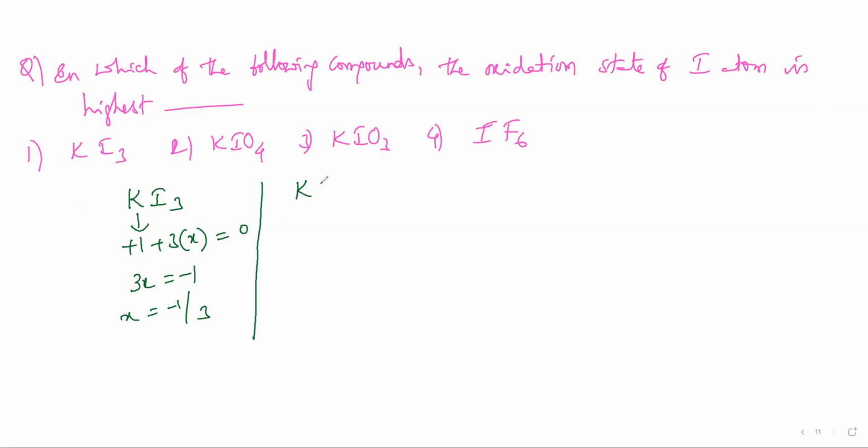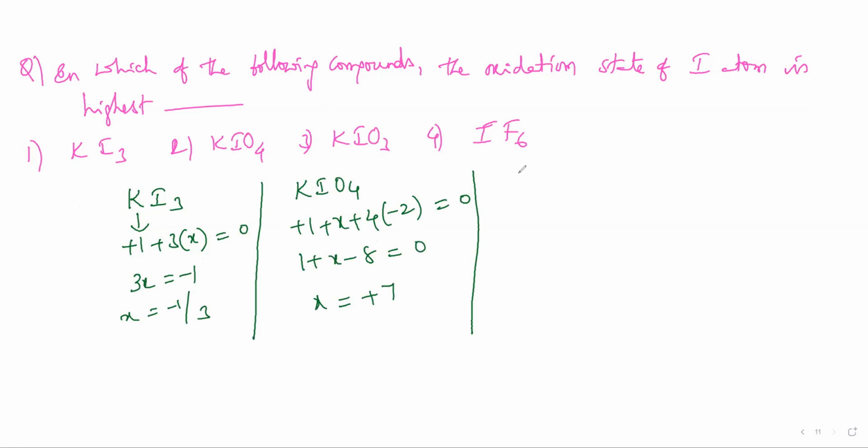Next case, KIO4, potassium plus 1, iodine, we don't know x, oxygen 4 into minus 2 should be equal to 0. Here also 1 plus x minus 8 equal to 0, x equal to plus 7. So here oxidation state of iodine is plus 7. Next, KIO3, potassium plus 1, iodine x, 3 into oxygen minus 2, 0.